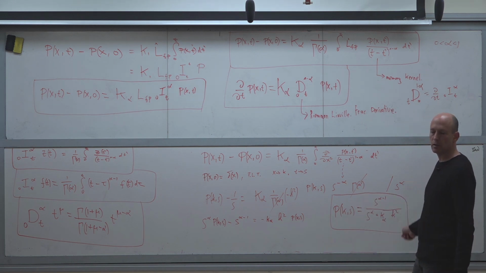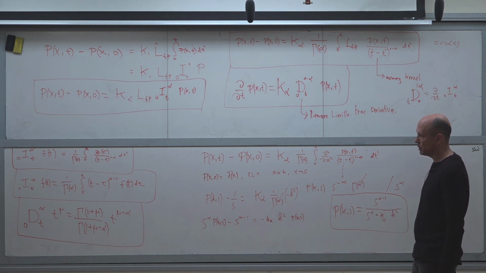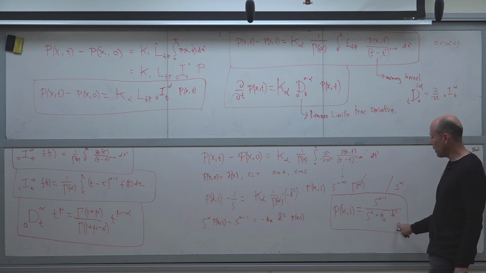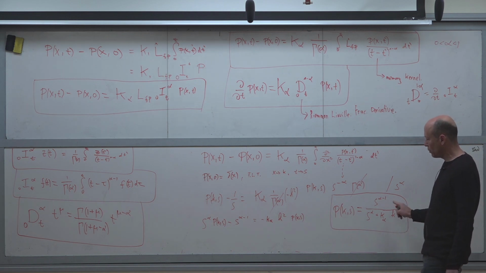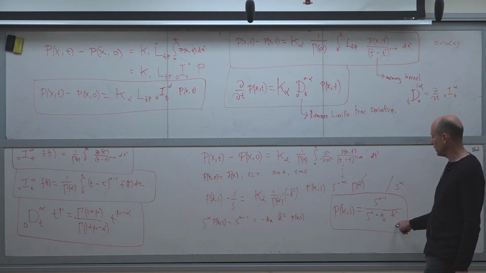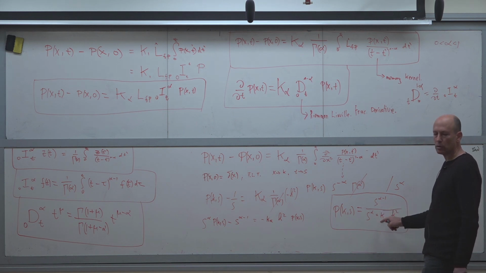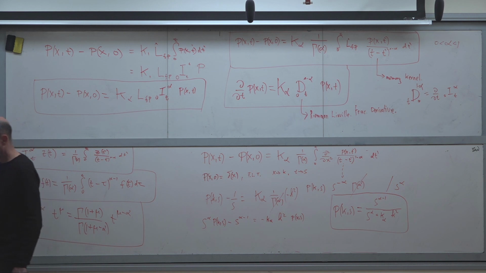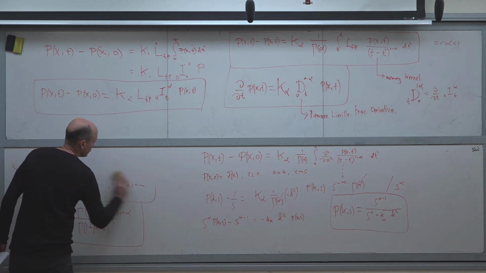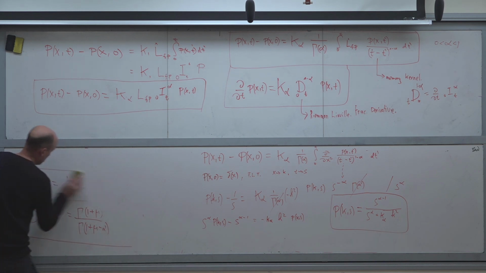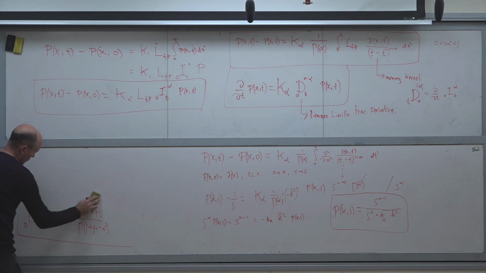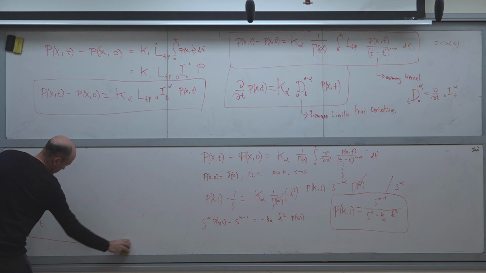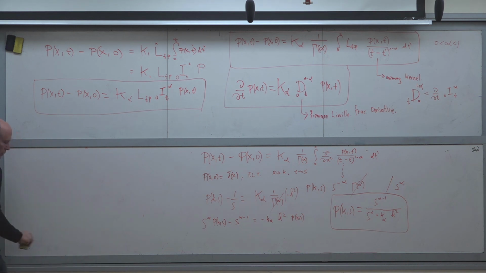We already did this inverse Laplace transform when we saw the CTRW, but I'll remind you that this is the solution of the CTRW, and I'll identify what this K_alpha is exactly. So what did we say in the CTRW?